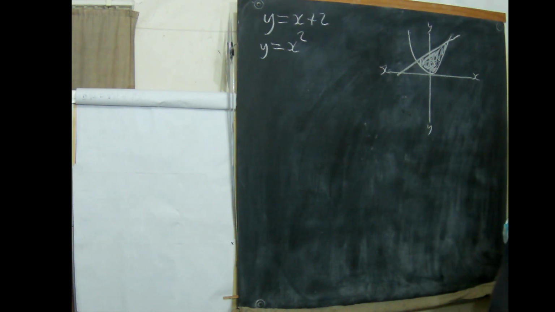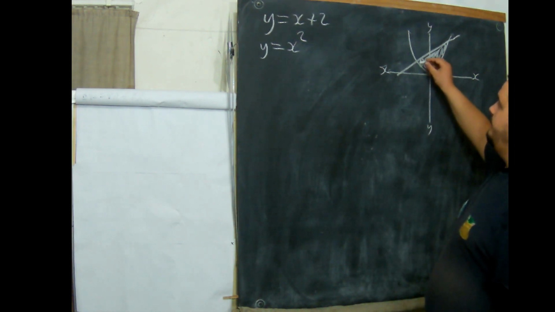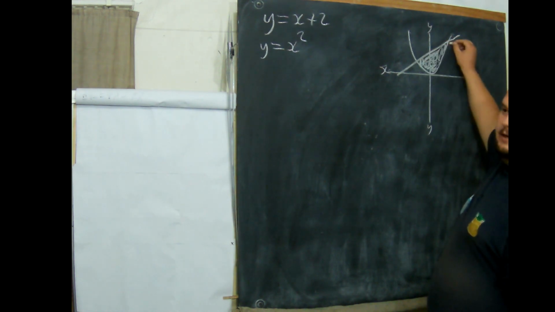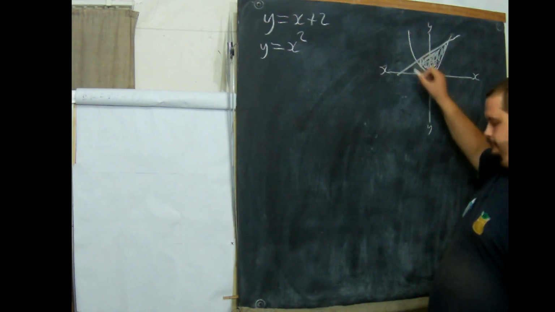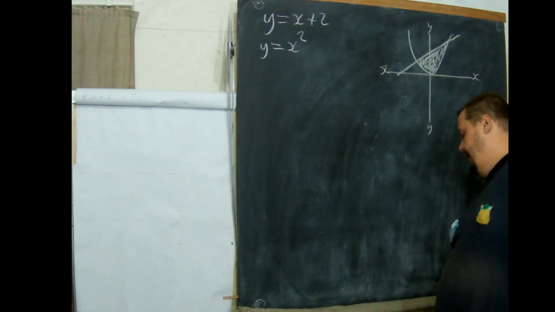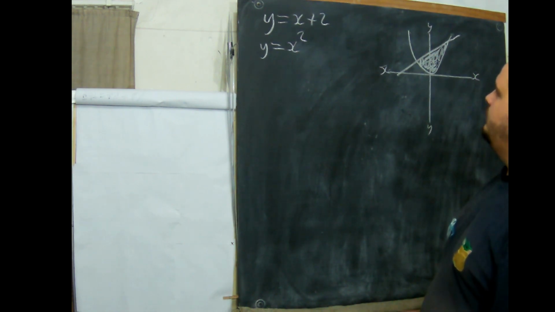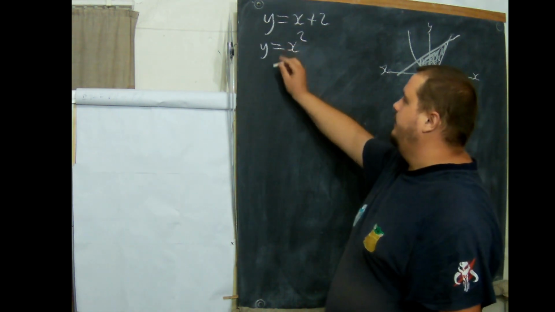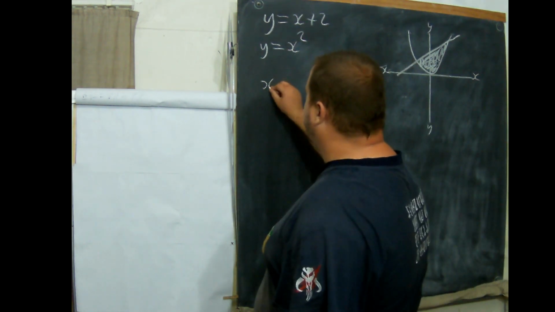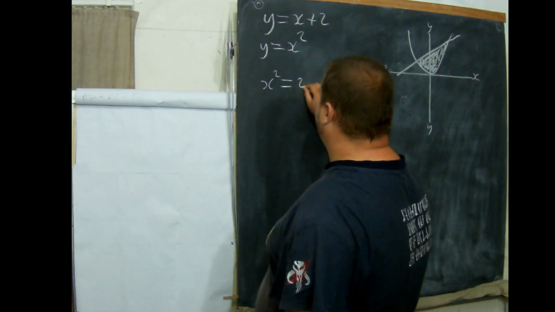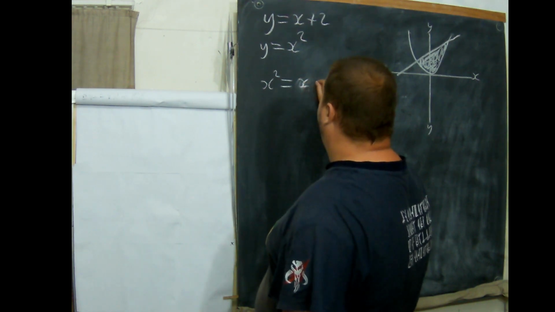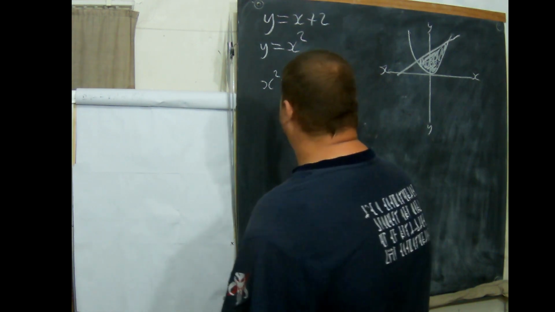To get that area, we need to get either the x coordinates or the y coordinates for each intersection point. And how we do that is because the y values are equal to each other: x squared is equal to x plus 2.